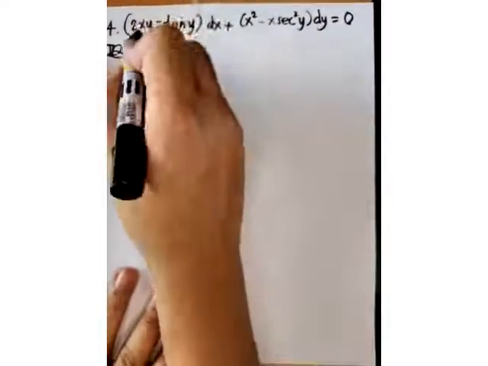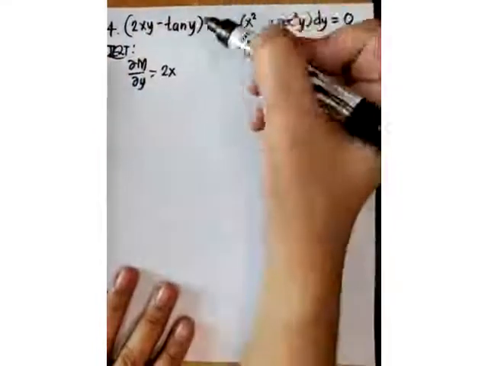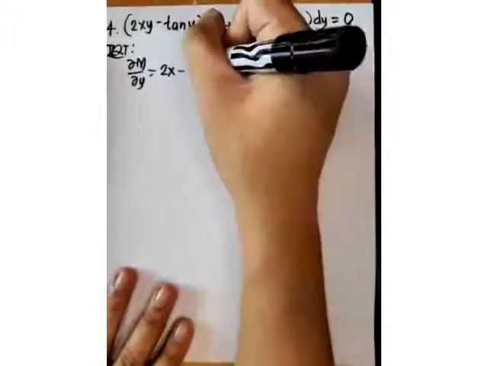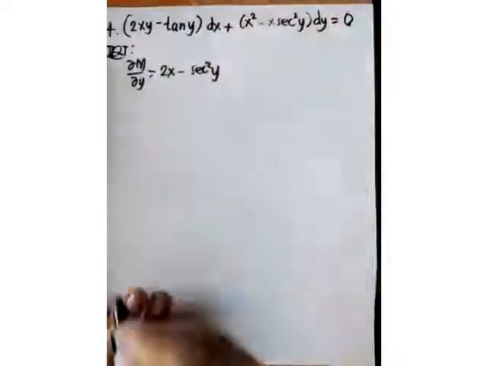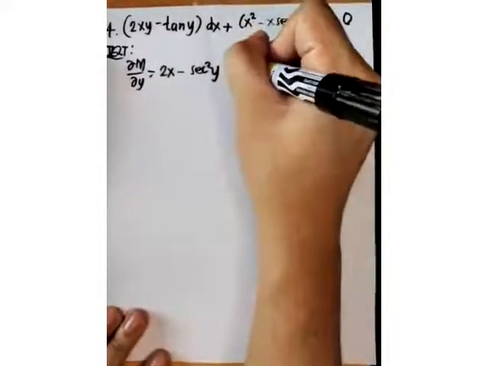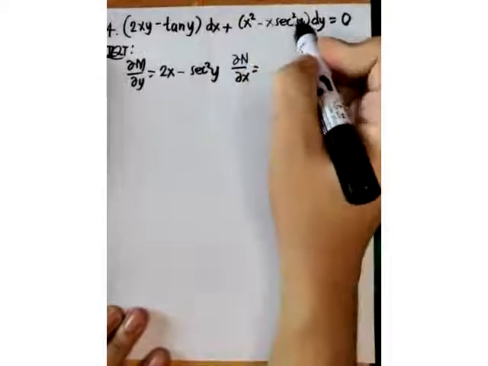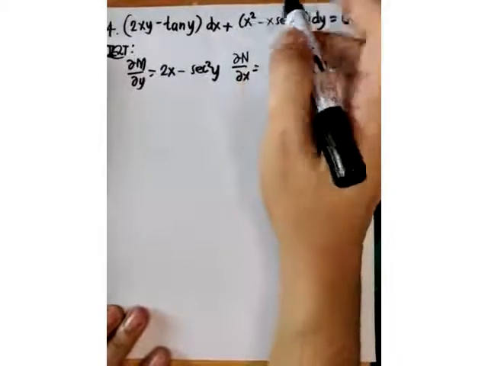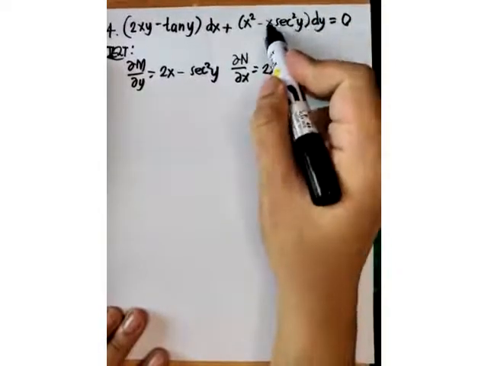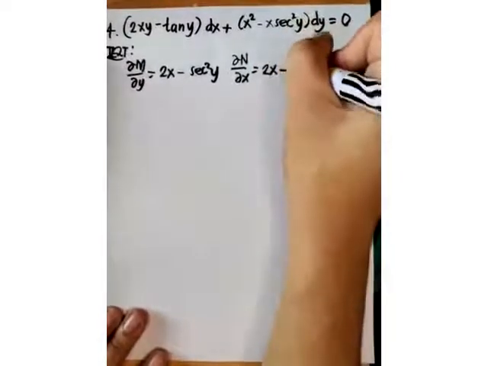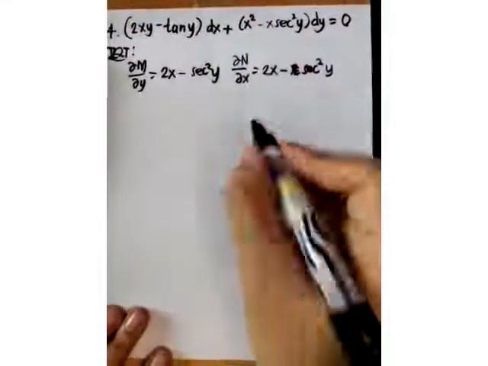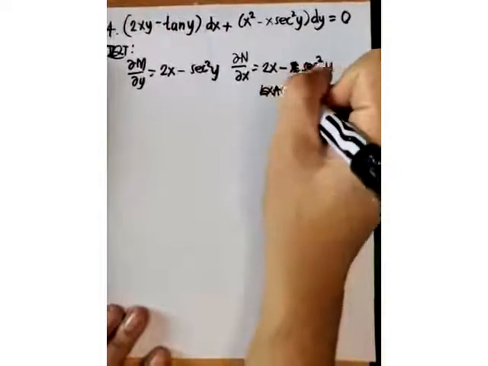So x is constant. So this is 2x minus, what's the derivative of tangent? Secant squared y. Ayan. Okay, and then the partial derivative of n with respect to x, y is constant, so derivative ng x squared, so that's 2x, minus secant squared y is constant, ang i-derive lang natin is yung x. Sorry, that is equal to 1. So that's secant squared y. Is it exact? Oh, yes. So it is an exact equation.